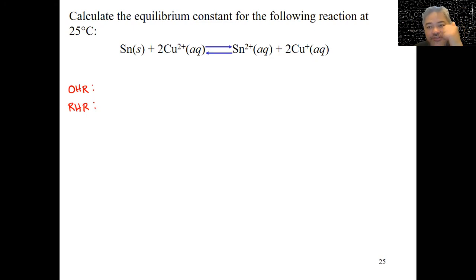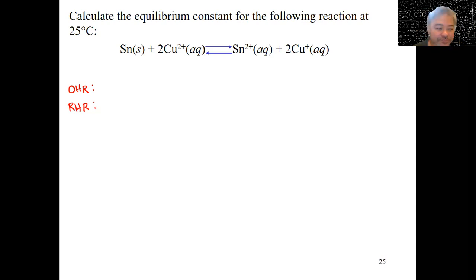And the one that is oxidized is the one that has a lower reduction potential. Now, that statement is only true if you have a voltaic cell.